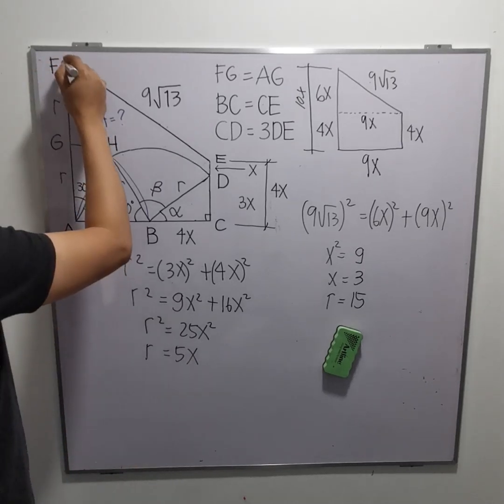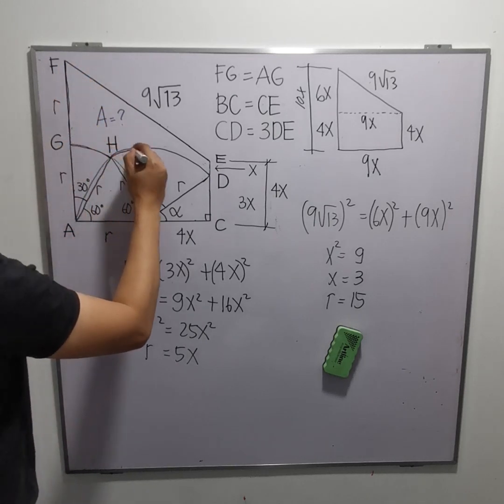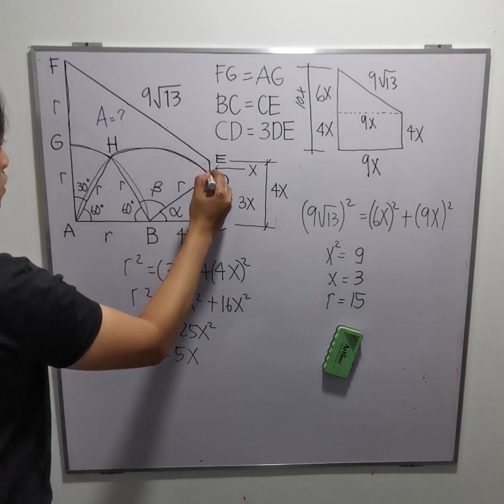So now we can solve for the area of the children's pool. So this is the children's pool, okay? So this one here.